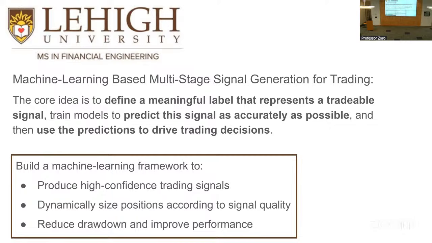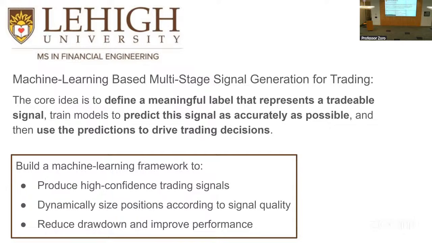Then we have our conformal prediction to confirm if the signal that has been predicted is truly the right signal. Then we have the last model, which is our meta labeling, to confirm that indeed there is a probability of you getting something out of it when you trade it, and it also helps in sizing your position.